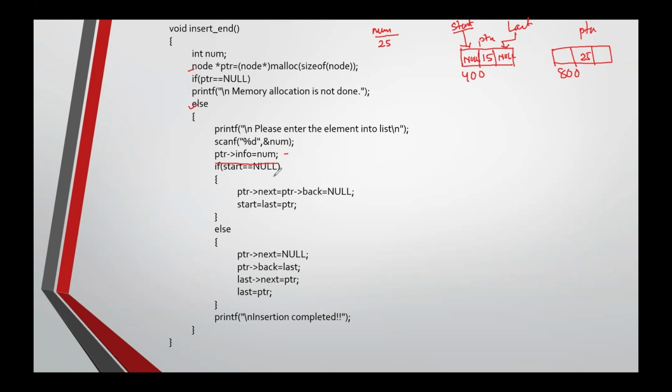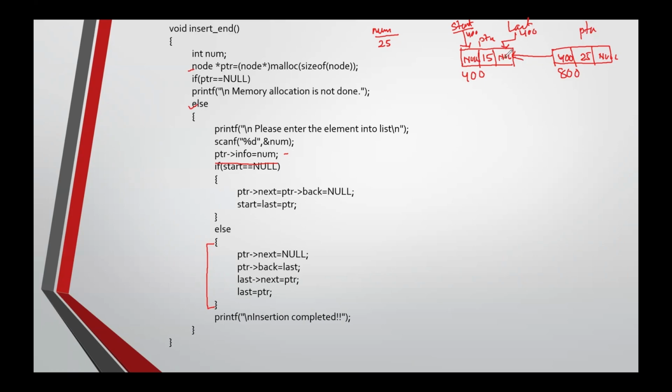Then it will check start equal to null. No, because right now start is the 400 value, and last is also the 400 value. So it will go to the else part. What is the else part? PTR next equal to null. Now we store the null value here. Then PTR back, so this is the PTR back position. Back stores the last value. What is last? 400. If we store this, it will connect to this node. Then last next. What is last? 400.